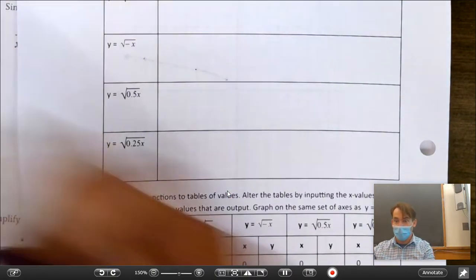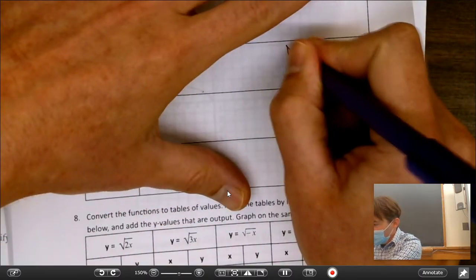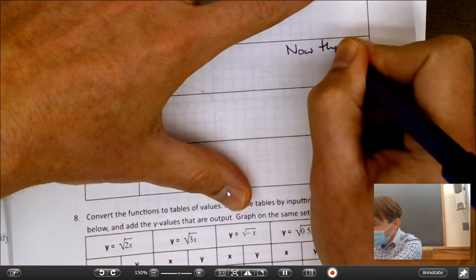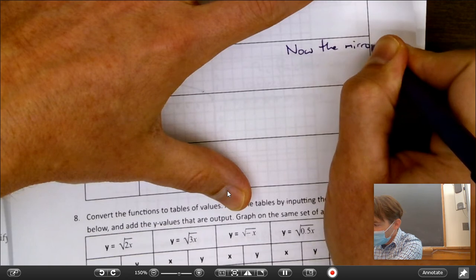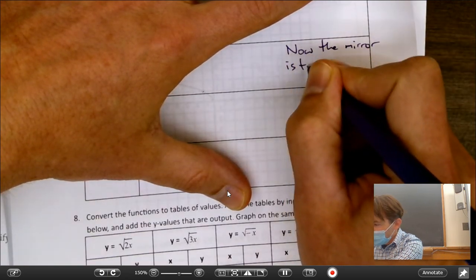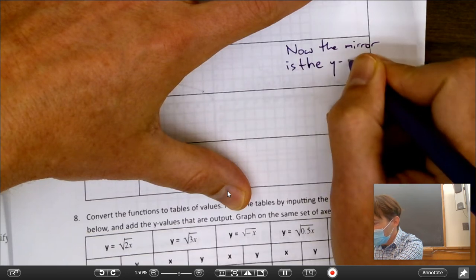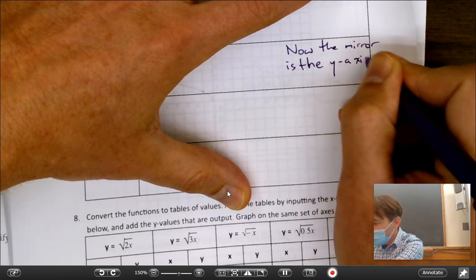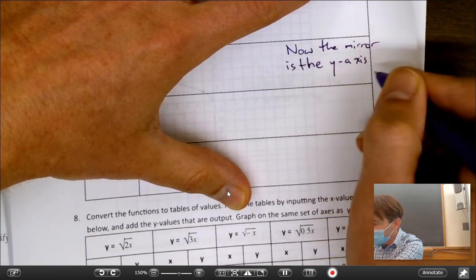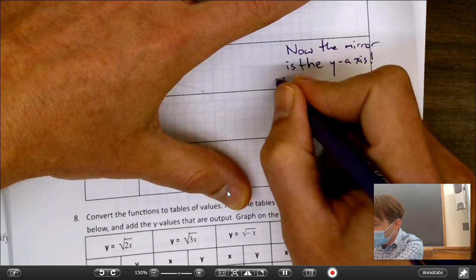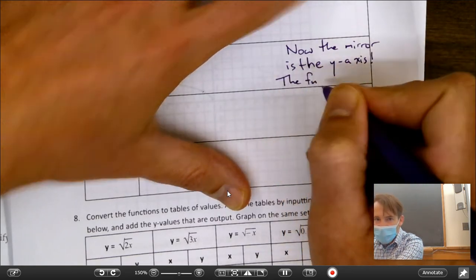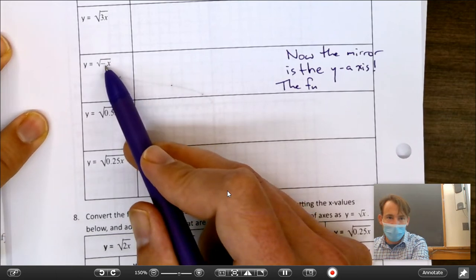And so you could write down now, and you want to get excited. You want to be like, wow, now the mirror is the y-axis. You don't have to sound like a medieval monk. Where is that? It's on the next page. The function, yeah, this is k is equal to -1.